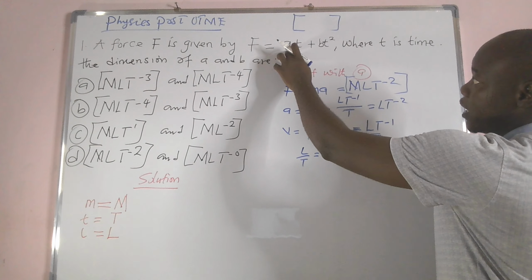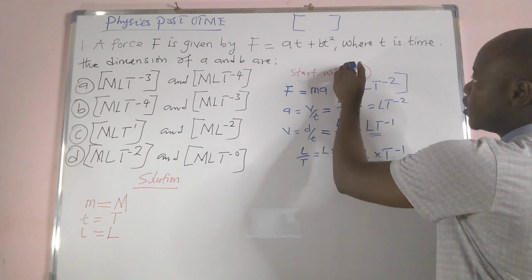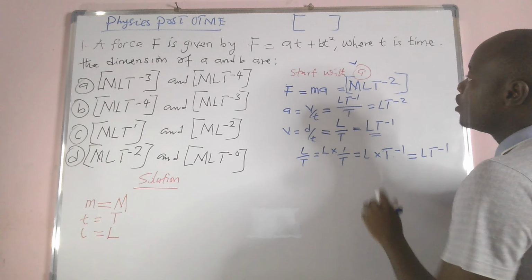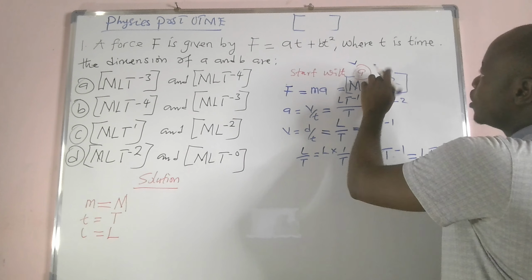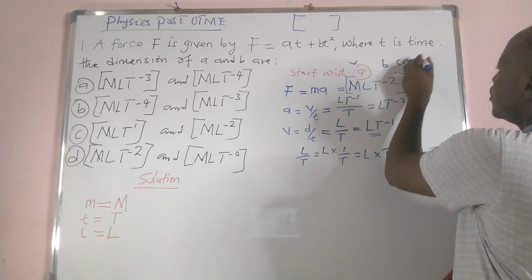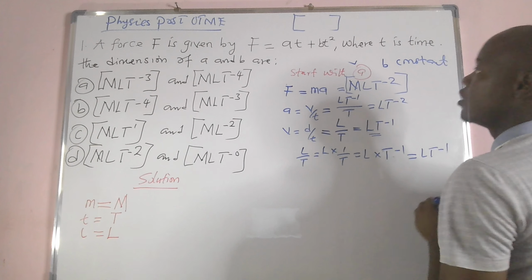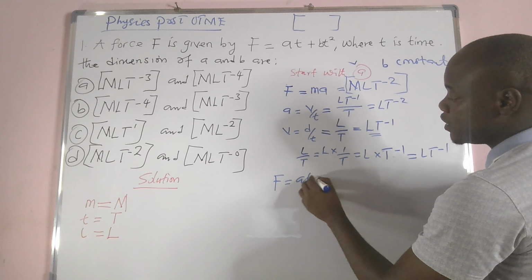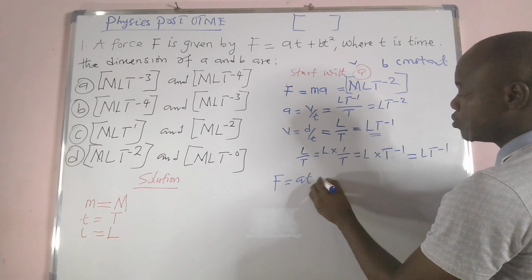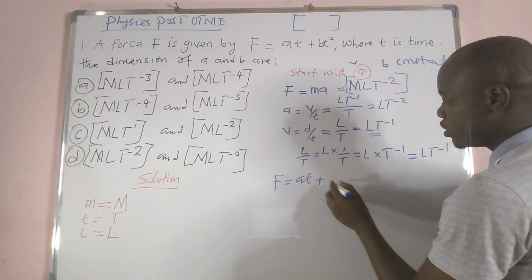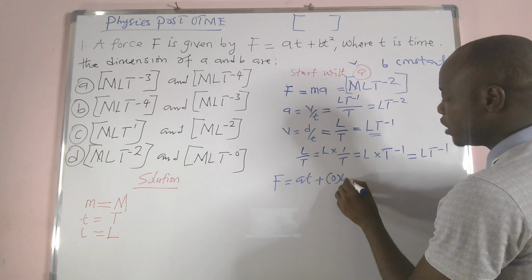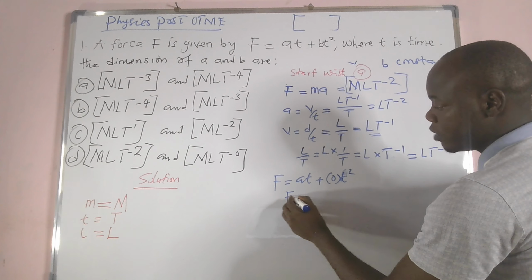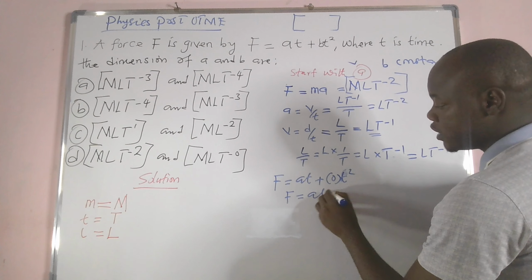So how are we going to get the dimension of A here? As I said, we start with A. If we are getting the dimension of A, B is constant, so F = AT plus, since B is constant, 0 times T². So we end up with F = AT.